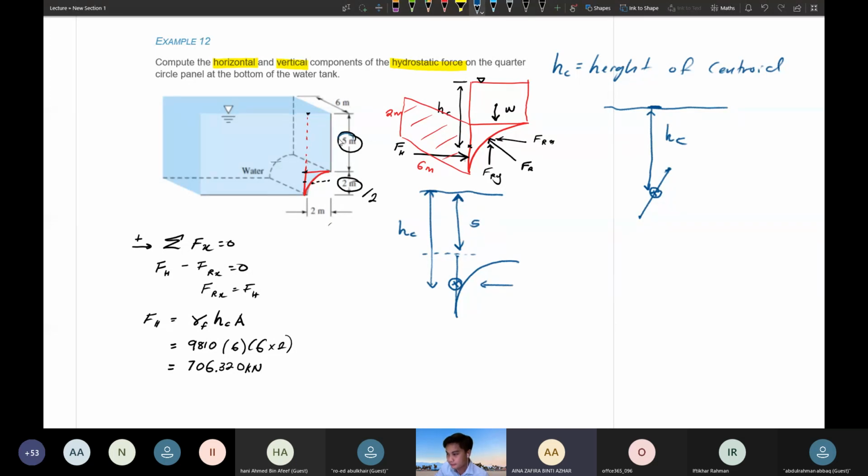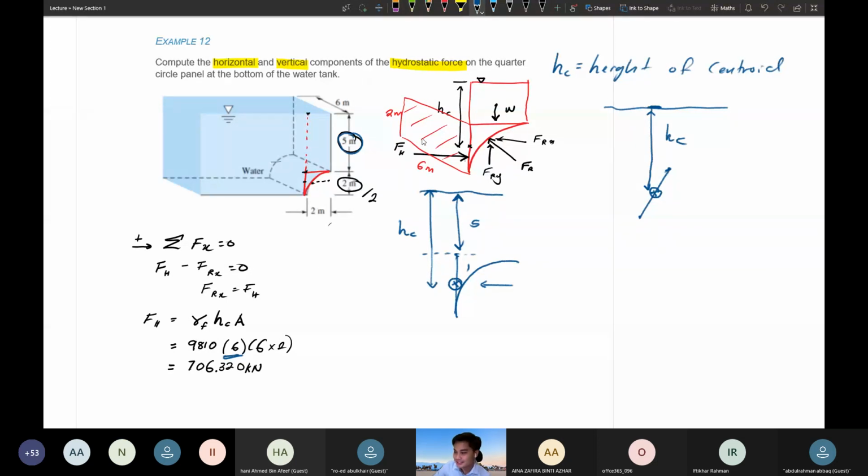Can you see this 5? Okay, from here to here, what's the value? 1. Understand? So far, everyone understands? Yes, doctor. Crystal clear?